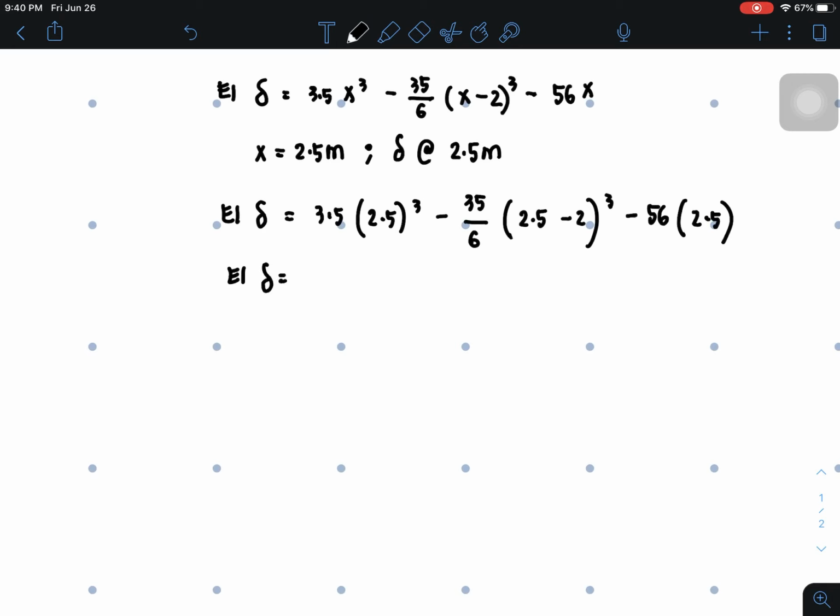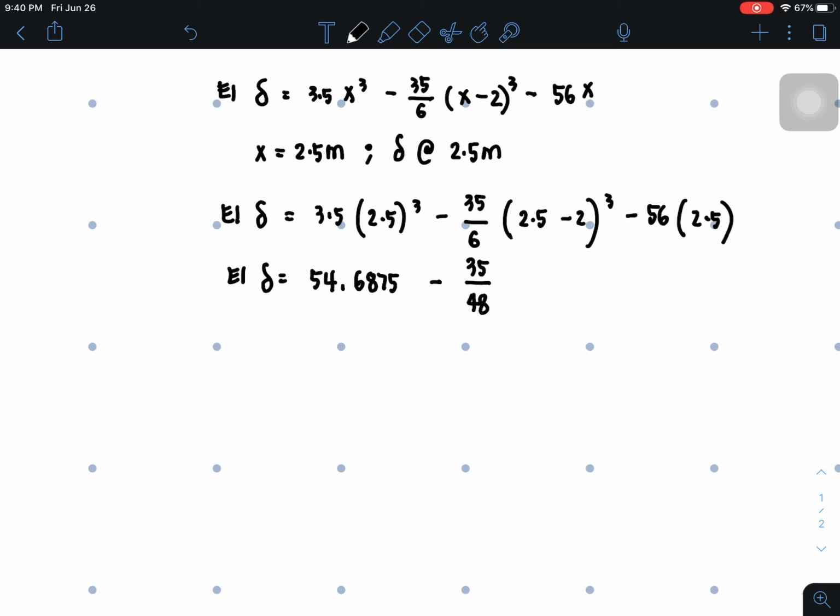This is 3.5 times 2.5 cubed, which is 54.6875, minus 35 over 6 times 2.5 minus 2, which is 0.5. It's still positive, so it cannot be neglected. So 0.5 cubed, the value is 35 over 48.